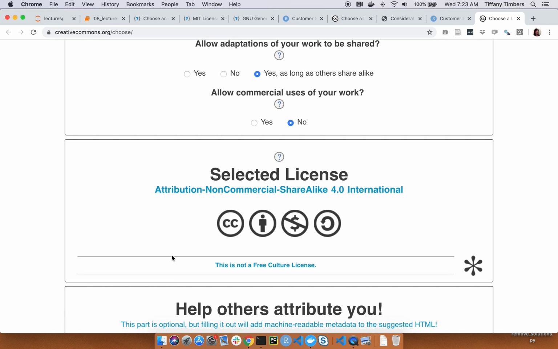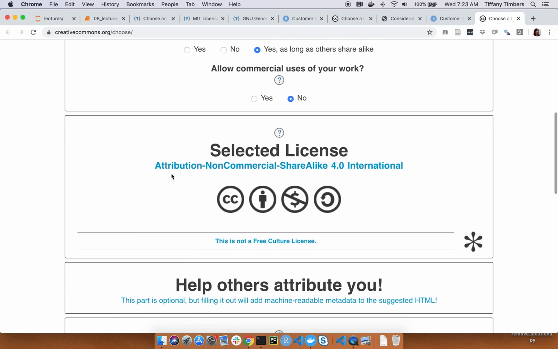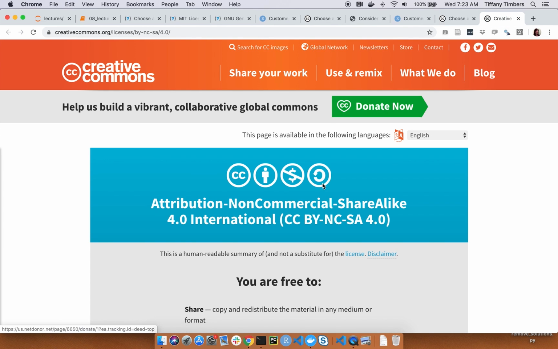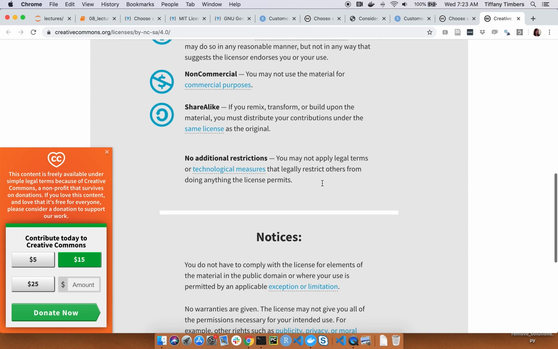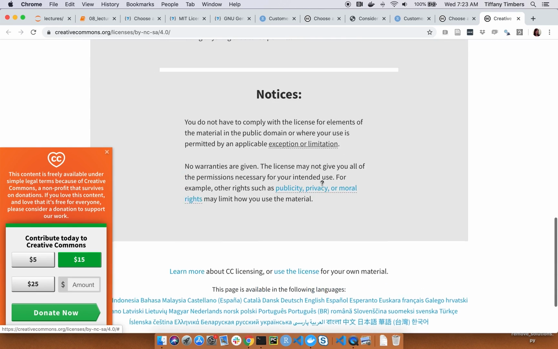And as you select these radio buttons, we'll see that the website tells us what license we're using. So this is the Attribution Non-Commercial Share Alike 4.0 International license. And if we click on this link here, it will take us to the text version of this license.